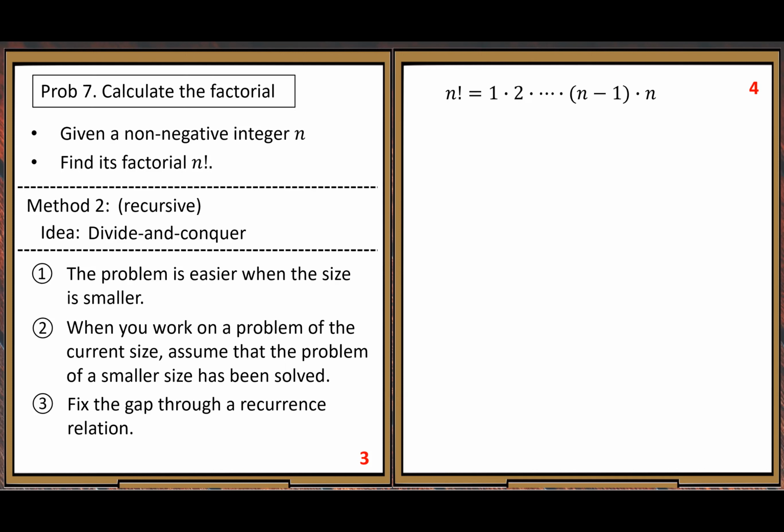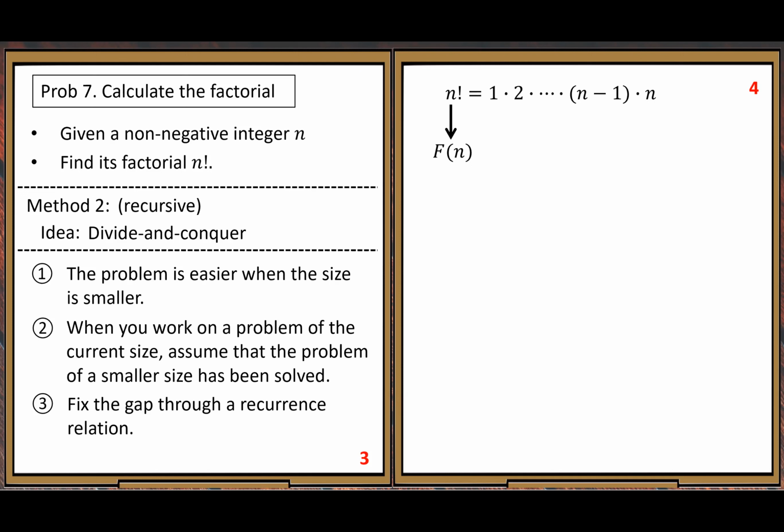Now, let us work on factorial. We use factorial to help us understand this procedure. First, we assign a function to it: f of n equals n factorial. Because if we have a function, then we can develop the recursive formula.